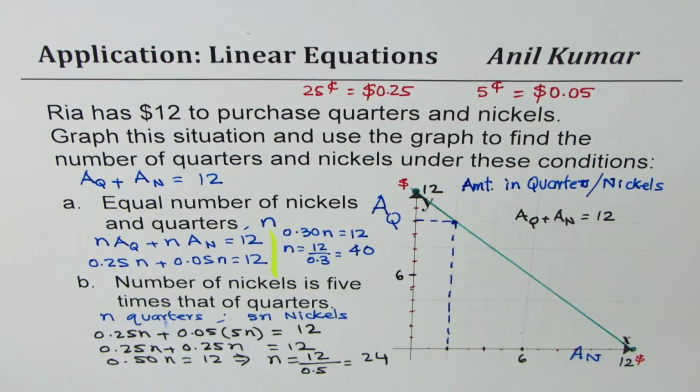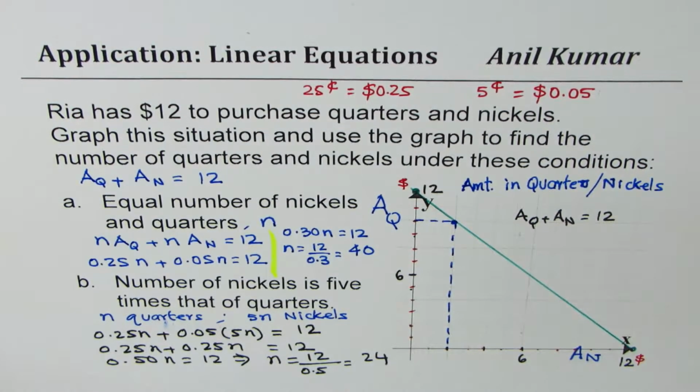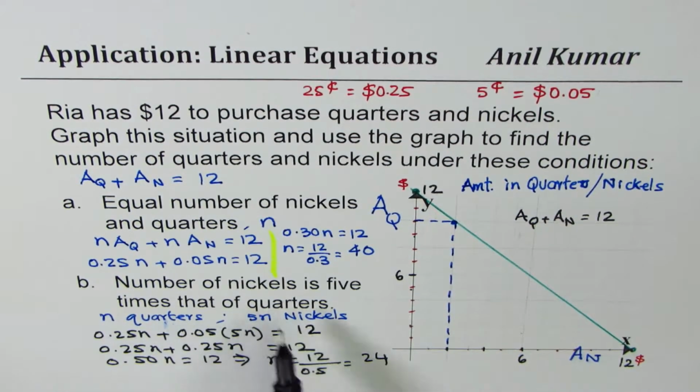So let's use the calculator to check. 12 divided by 0.5 is 24. Since 0.5 is half, that's why I got it, right? So that means n is 24. So for this, the answer is we have 24 quarters.